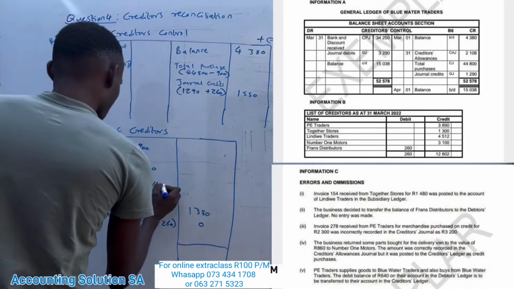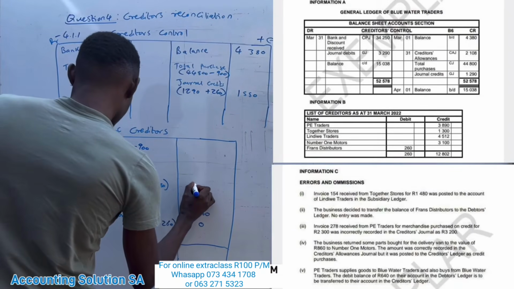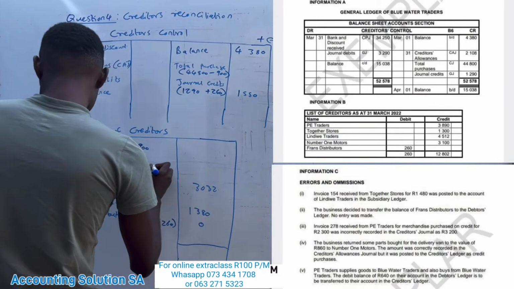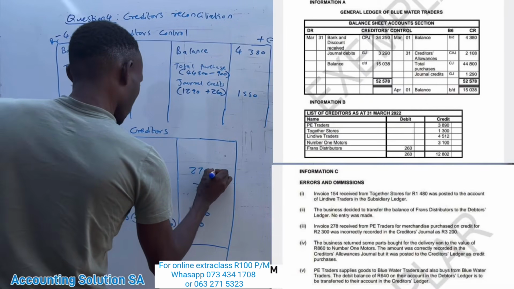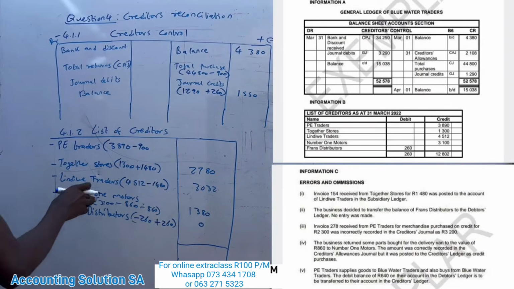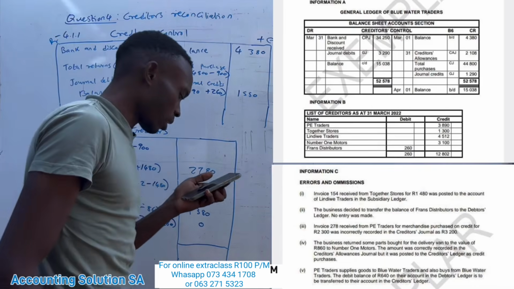Okay, I think for Lindy we are done. It's going to be 332, and for Together we are done. It's going to be 2,780.